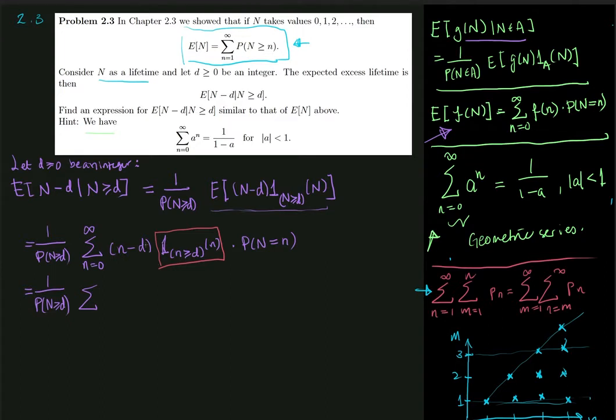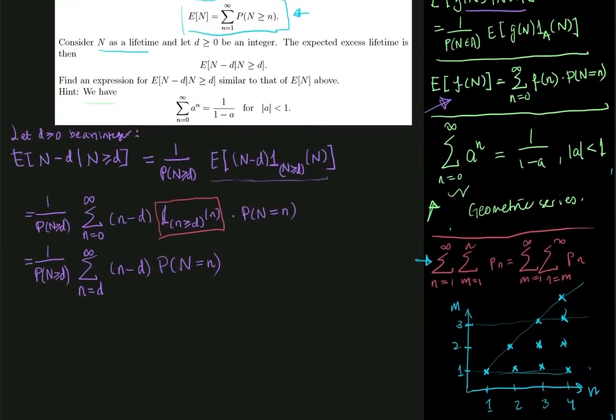So the only terms that actually have a positive value in this sum are the terms where n is greater than or equal to d, which means we can write a completely equivalent sum by summing from d to infinity instead of from 0 to infinity. And since we've taken the indicator function into account by doing this, we can just remove the indicator function from our sum expression. And then what we have is this.